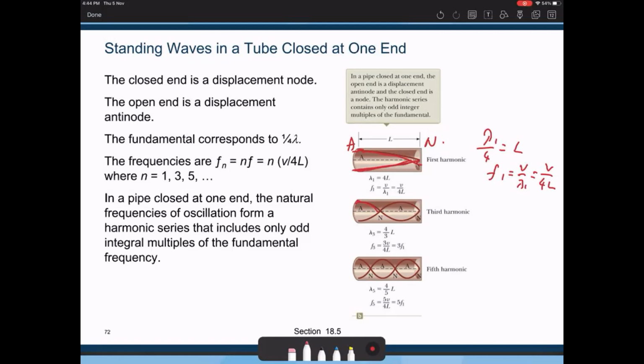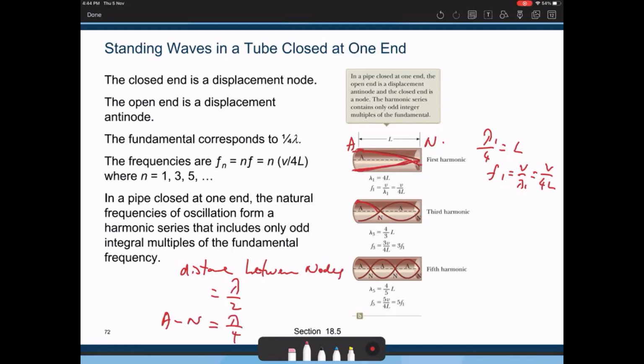Remember the requirement. Distance between nodes is equal to lambda over 2, and distance between node and antinode is equal to lambda over 4. These requirements have to be satisfied.